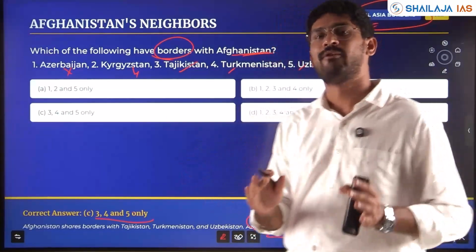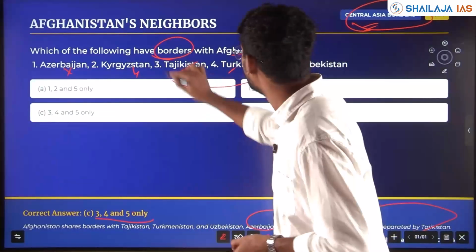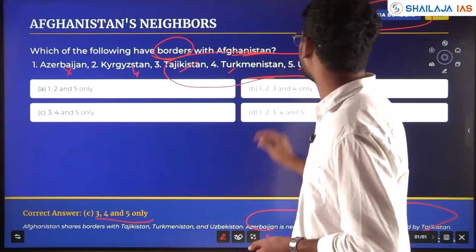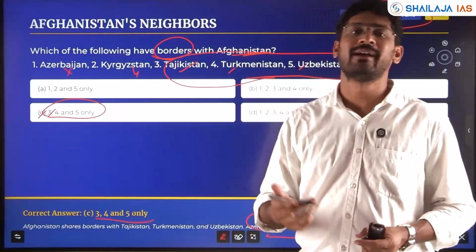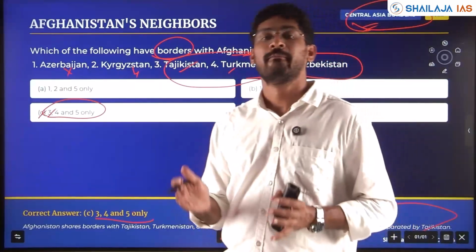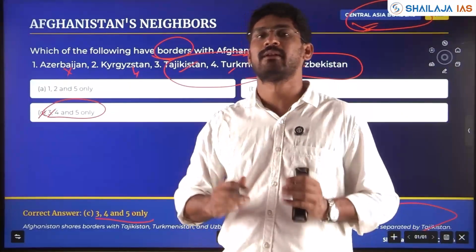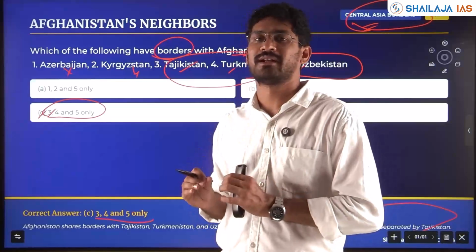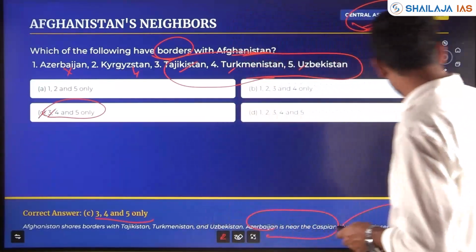However, if it is 6, 4, if it is 5, 3 is the last option for you guys. So here Tajikistan, Turkmenistan, Uzbekistan. Statements 3, 4, 5. Do mapping, revise, keep a mnemonic. After that, if questions are coming and you have to answer without having knowledge, then go with some logical things and then you end up with the guess.